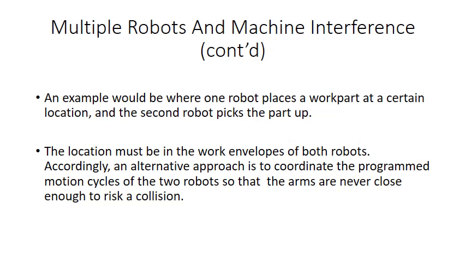The location must be in the work envelopes of both robots. Accordingly, an alternative approach is to coordinate the programmed motion cycles of the two robots so that the arms are never close enough to risk a collision.